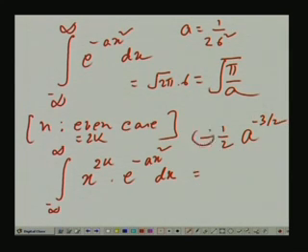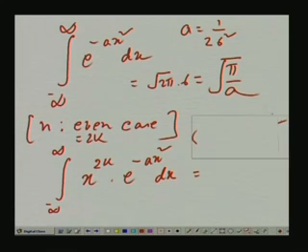This minus sign I am not bothered about, 1 by 2. Next time when I differentiate, maybe it will be better if I erase this here and work out this part on top first.